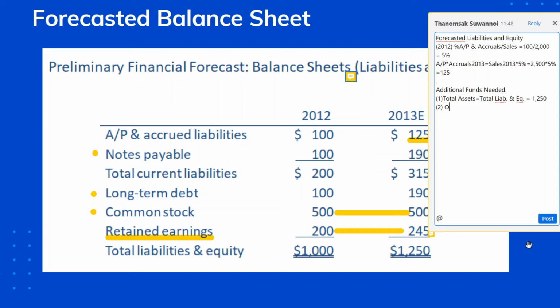$125. We also calculated the retained earnings, which is equal to 245. We assume that the common stock will remain the same, which is equal to $500. As a result, the additional funds needed will be equal to total liabilities and equity, subtracted by operating liabilities, subtracted by the common stock, subtracted by the retained earnings.